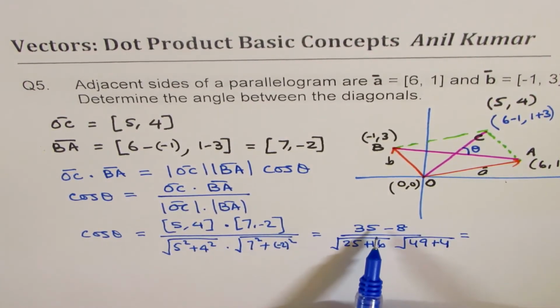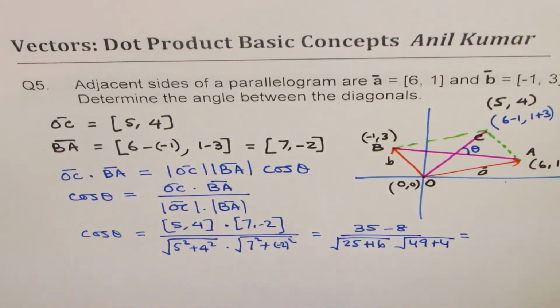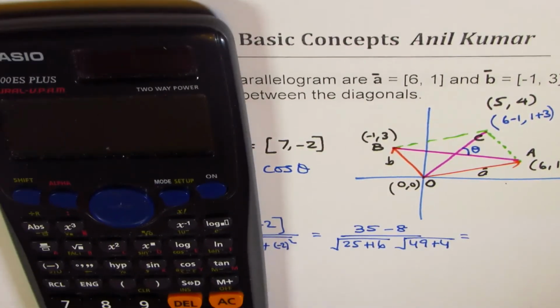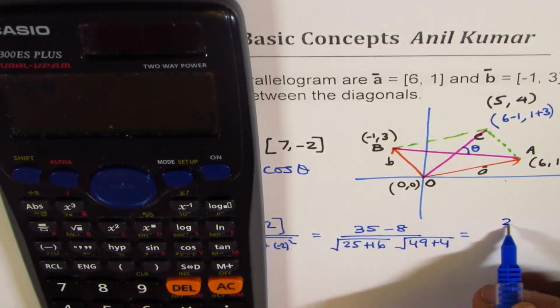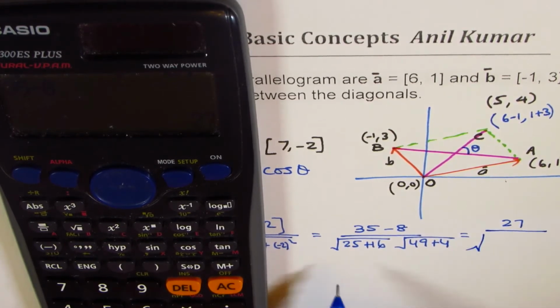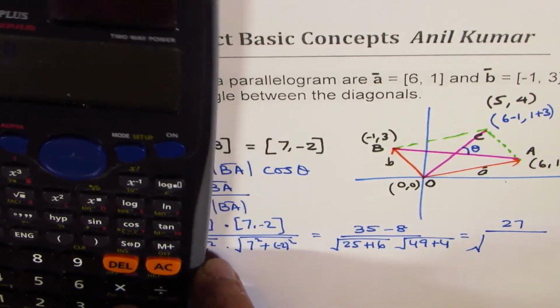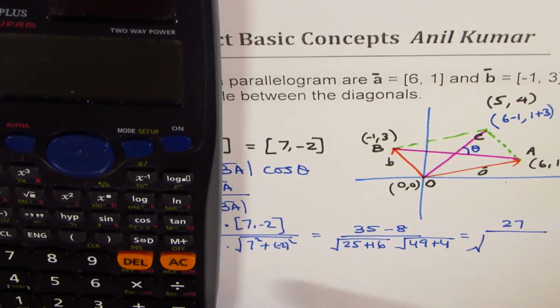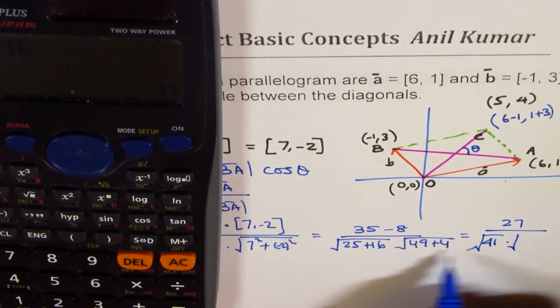And that gives you, let's use the calculator now. Those square root terms we'll have to find. So we have 35 minus 8, which is equal to 27, over square root of 25 plus 16, which is 41, times square root of 53.